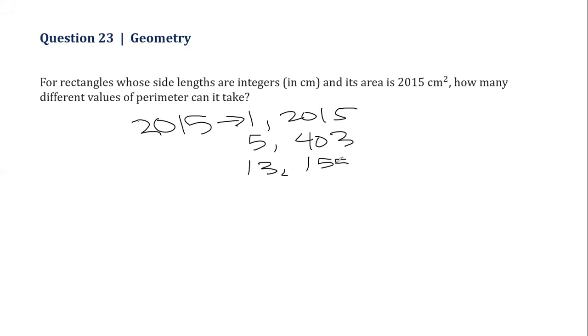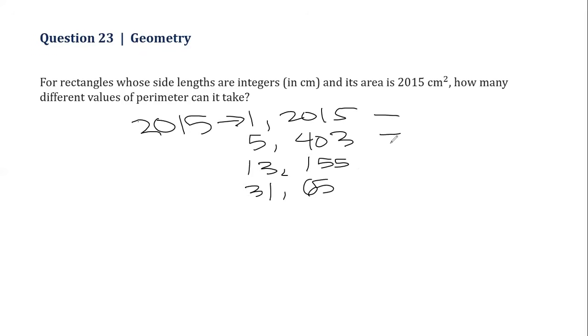155, and 31 and 65. Okay. So these are all the possible side lengths of the rectangles with an area of 2015 square centimeters.